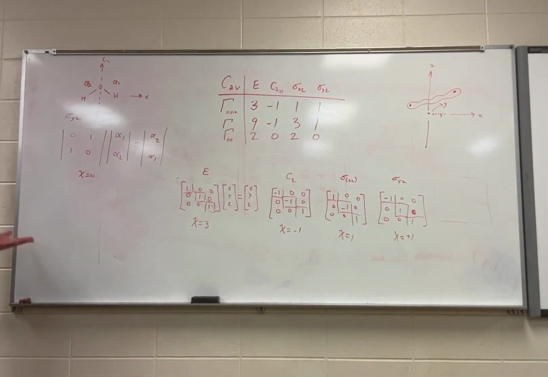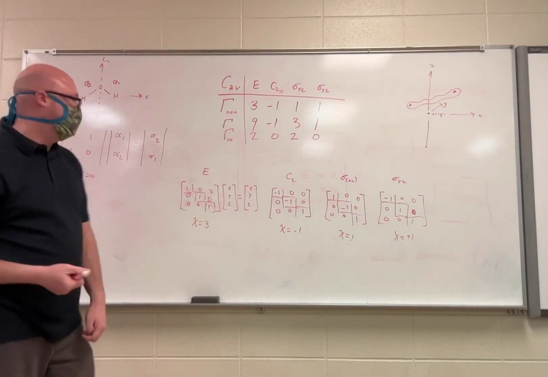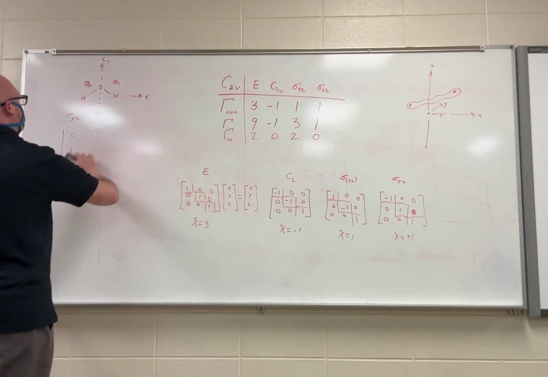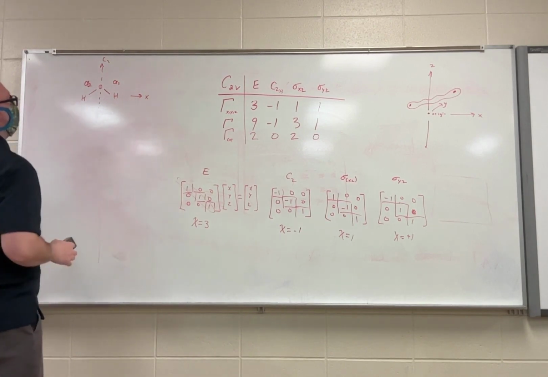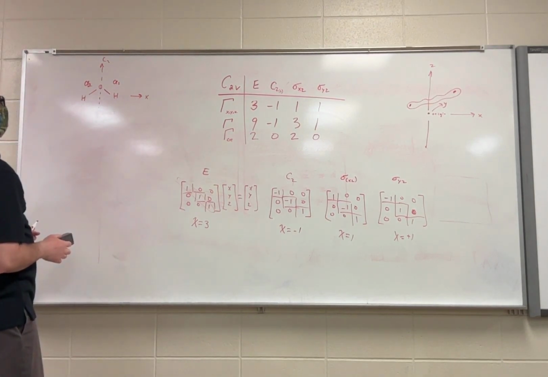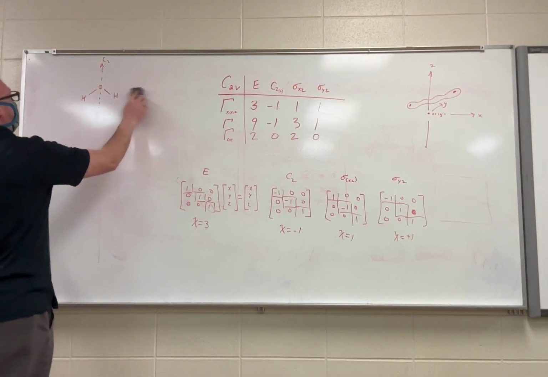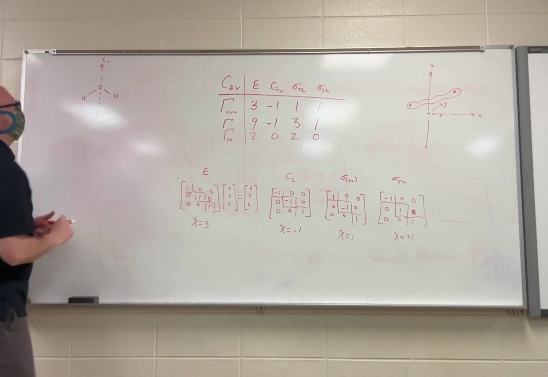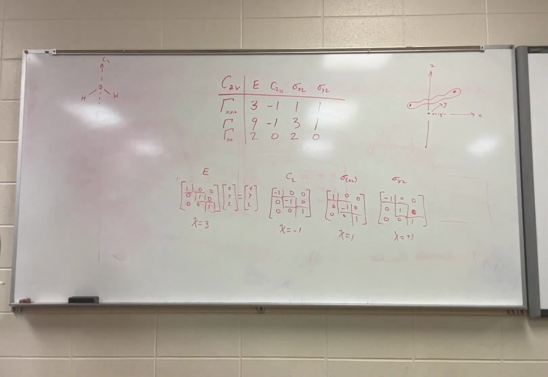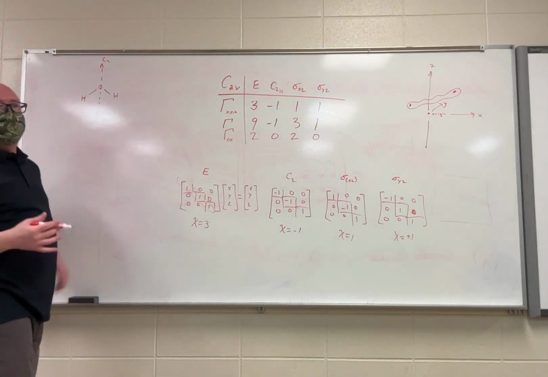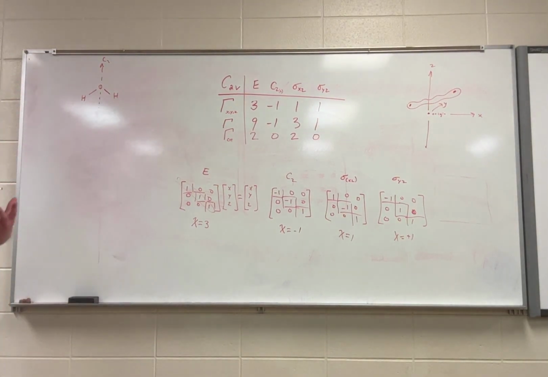And if you wanted to make a 4-dimensional representation, you could do that as well. So I guess one way that you might decide to do that, and there are other things that you could choose as a basis. Let's say I keep water, again, as a way to confine myself to the C2V symmetry.